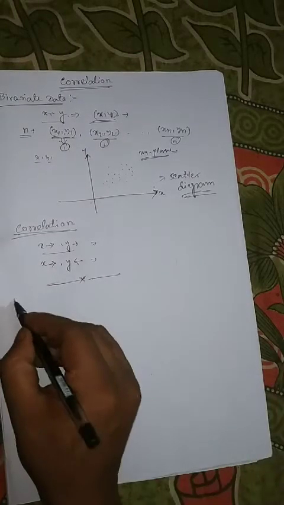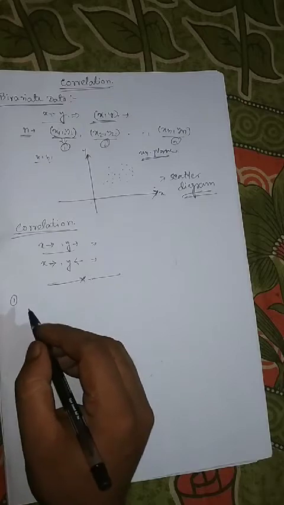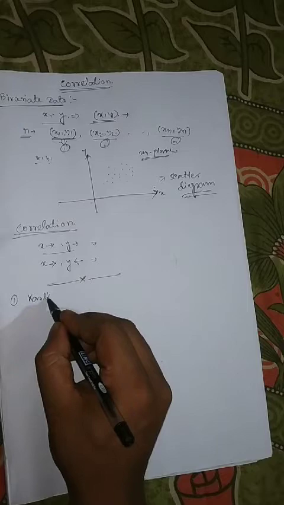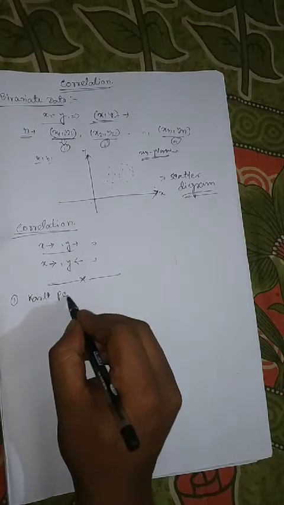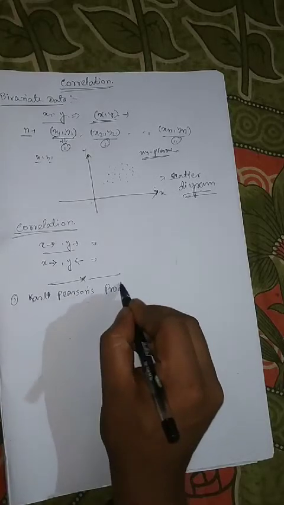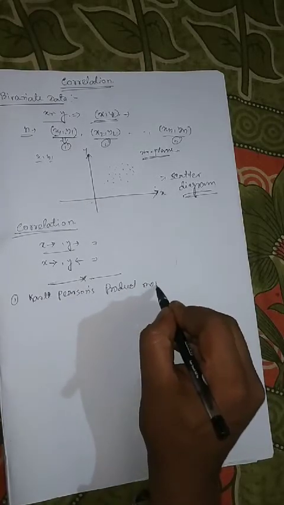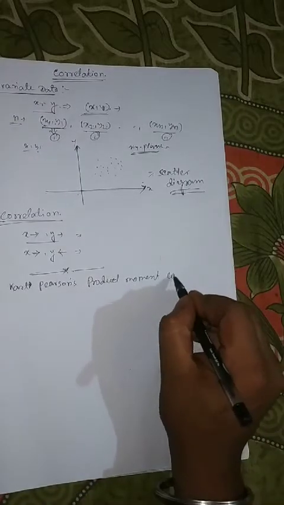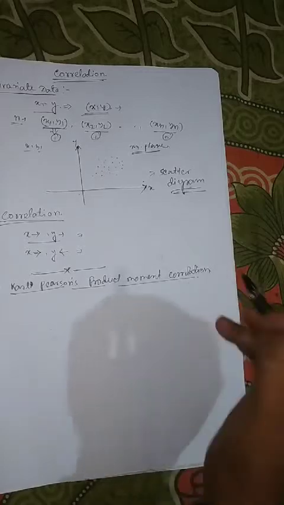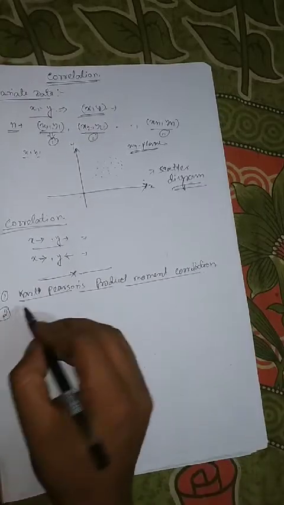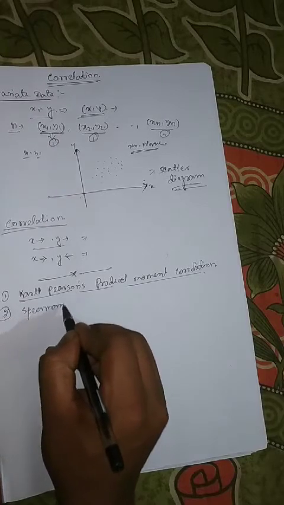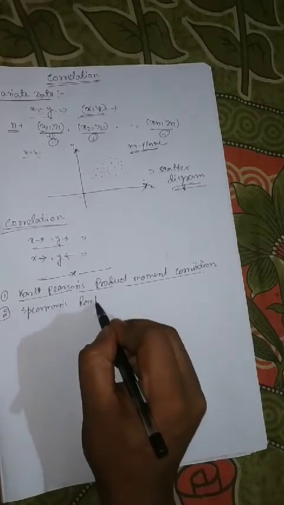One is Karl Pearson's product moment correlation, and the second is Spearman rank correlation.